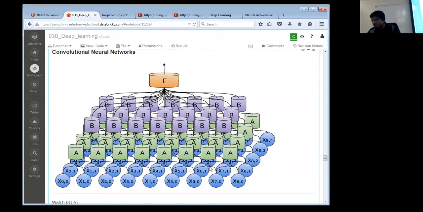And all the right side edges will have the same weight, and all the edges that come from the back, let's say this one, will also have the same weights. So this also massively reduces the number of parameters that you want to learn. And I haven't been able to understand why this works, but it works.